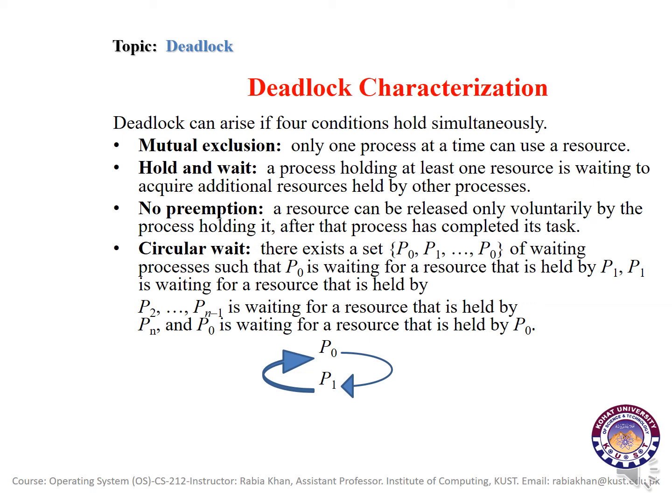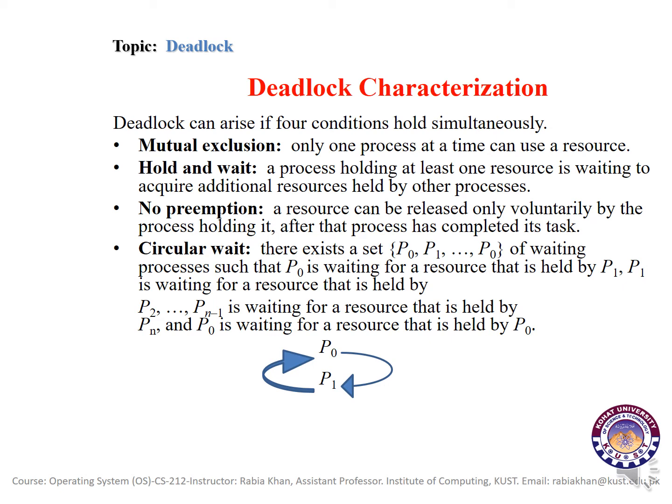This simply means that a process may be holding a resource and waiting for another resource to be assigned to it, and that resource may not be available at that time. So this is the exact explanation of deadlock. The process will not proceed its execution with one resource. Instead, it will be waiting for the other required resources.